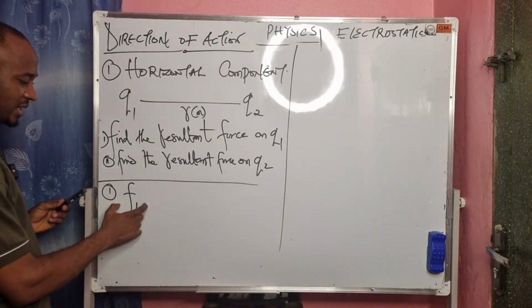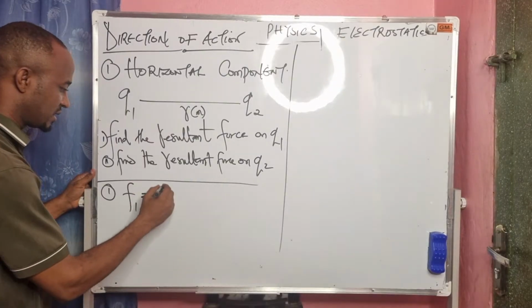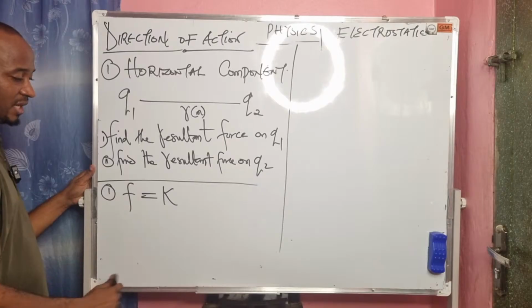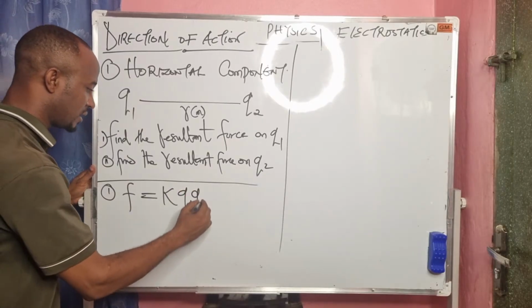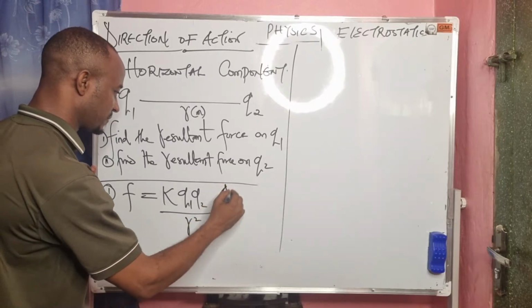Okay, so from Coulomb's law, the law says F equals K Q1 Q2 over r squared times the unit vector.